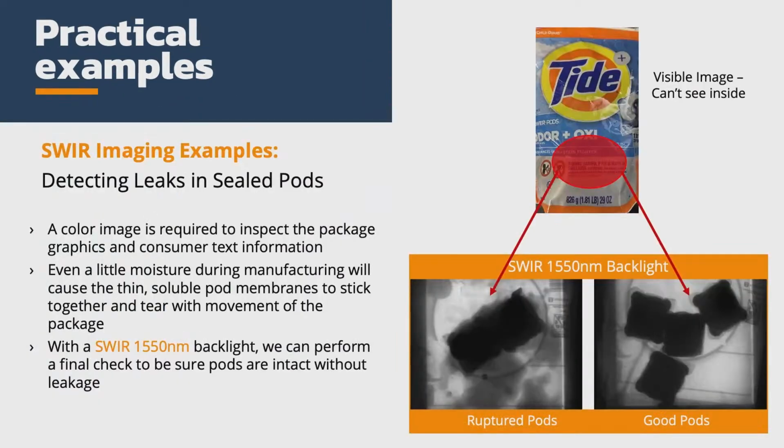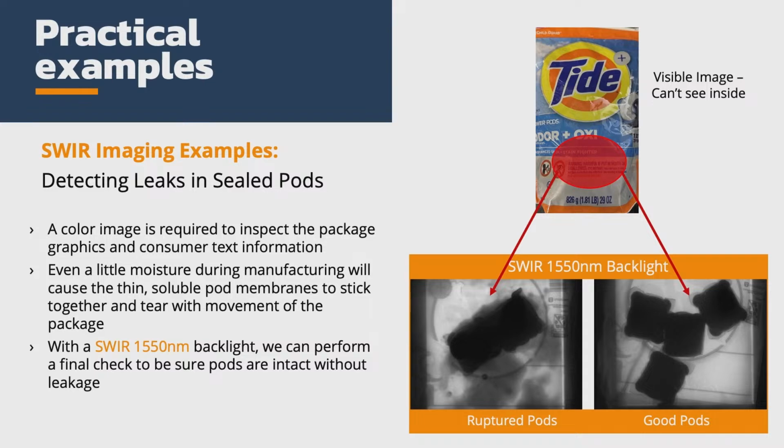In this case, we have a package of Tide brand laundry detergent pods, and these pods are becoming popular for both laundry detergents or dishwasher and dish detergents as well. I think most people are now familiar, and you have a pod with a couple ingredients inside it, 2 sides, and it's a very thin membrane that just dissolves either in the laundry or the dishwasher.